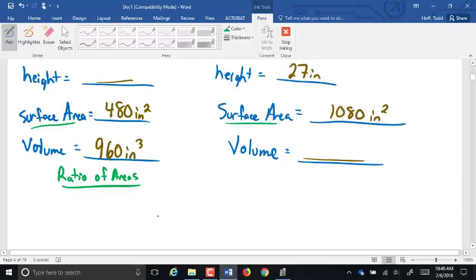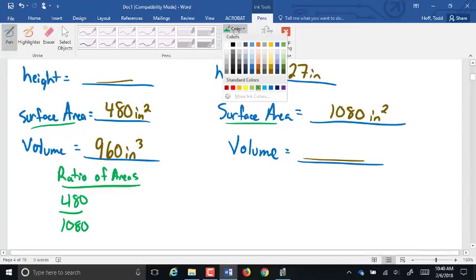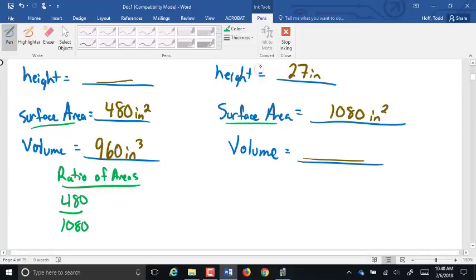So I have 480 over 1,080. Can that be reduced? I sure hope so. They both end in 0, so they can both definitely be divided by 10. 480 divided by 10 is 48. 1,080 divided by 10 is 108.